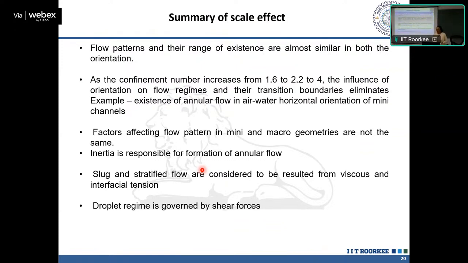As the confinement number increases, when you plot the flow patterns, the ranges of existence are similar for horizontal and vertical. I'm not saying there is no effect of orientation, but gradually, as you increase the confinement number, the orientation effect disappears. Majorly, when you move to 0.65, it is inertia-driven annular flow that we have seen in both orientations.